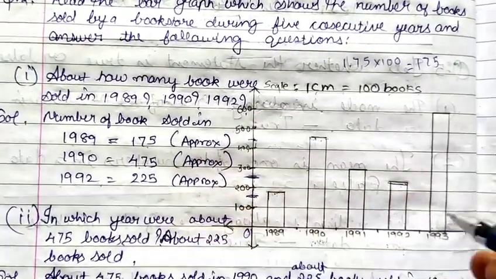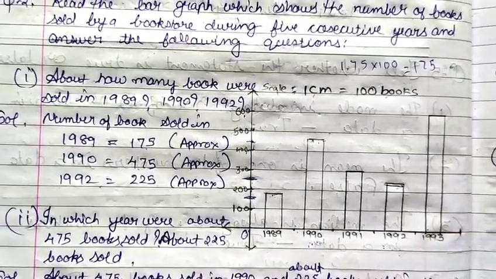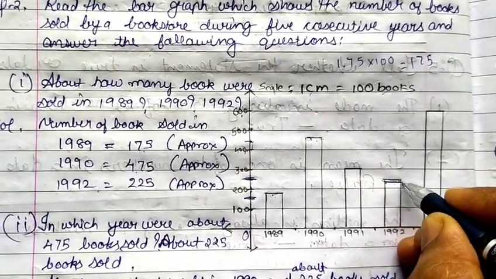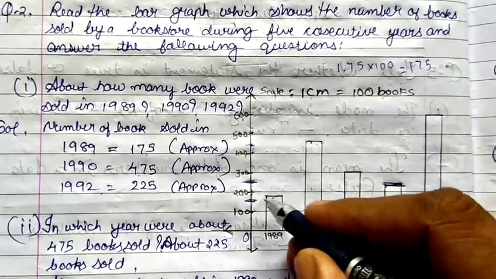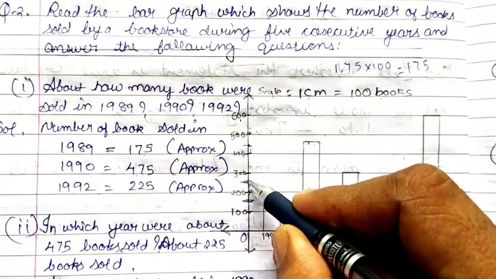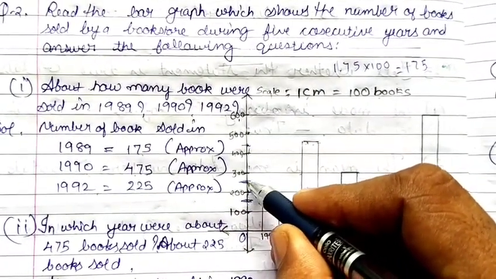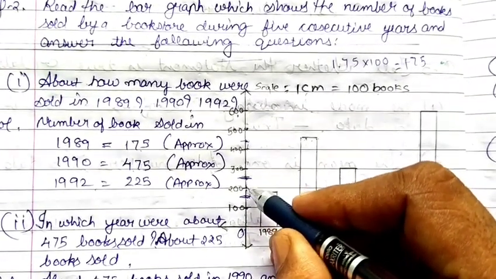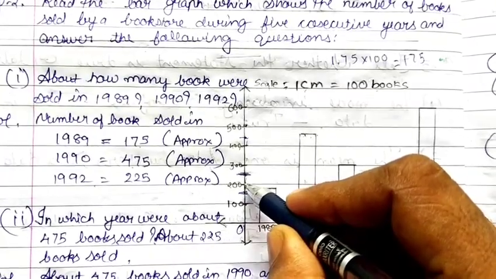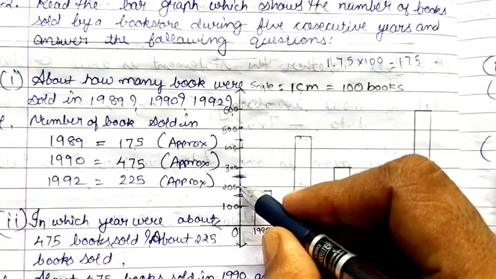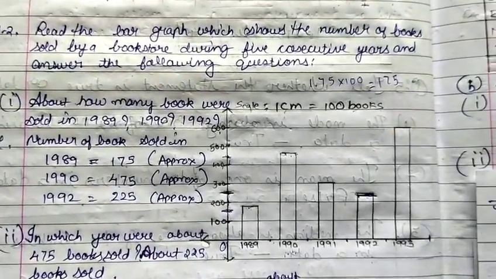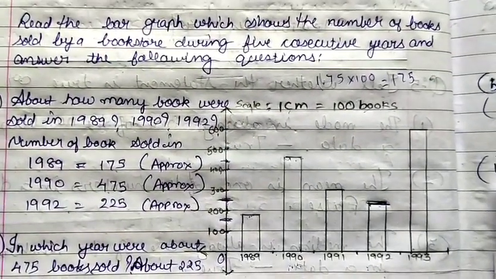Then in 1992 we found that the pillar is till here, which is between 200 and 250, means between 2 centimeter and 2.5 centimeter, that is 2.25 centimeter. When you multiply 2.25 centimeter with 100, you will get 225. So approximately 225 books were sold in 1992.